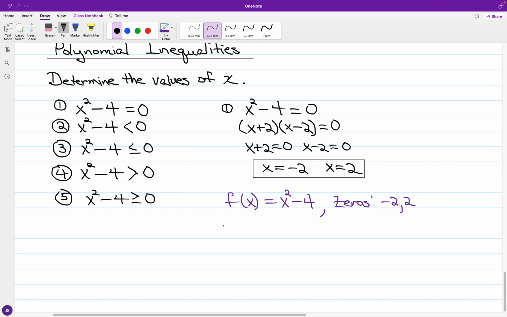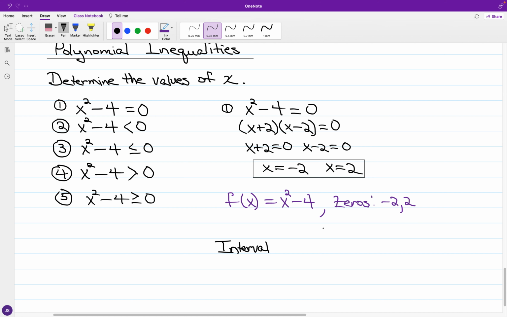Okay, I can set up a table. First of all, an interval. And I'm going to work a bit with the real number system.